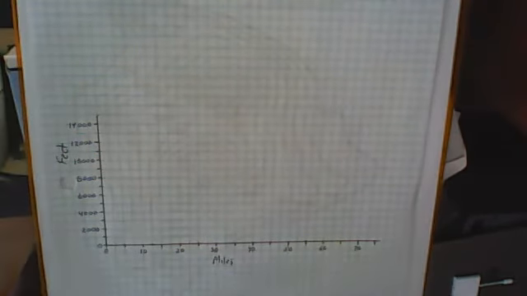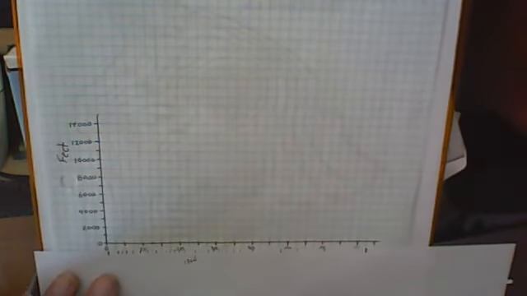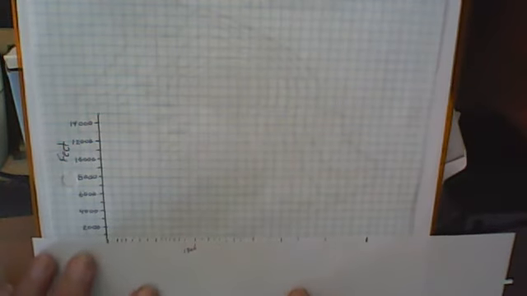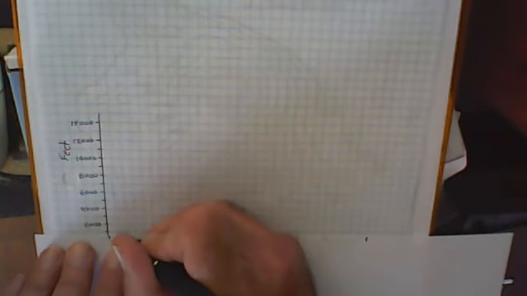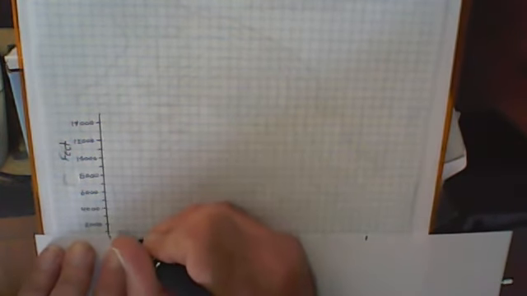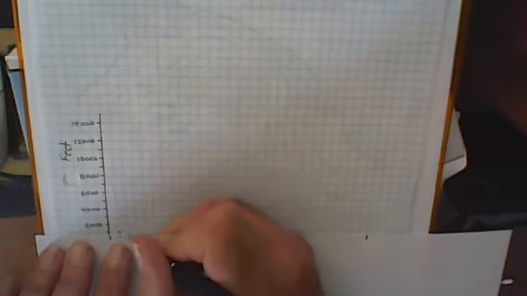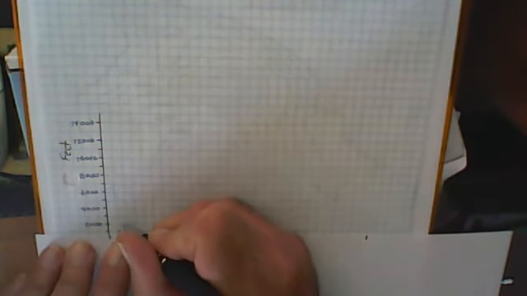So then I have my piece of paper with its tick marks, right? Remember, each one of these tick marks was 1,000 feet. So then I just carry these values up and just make a dot where it intersects. So that's 1,000 feet. There's 2,000.